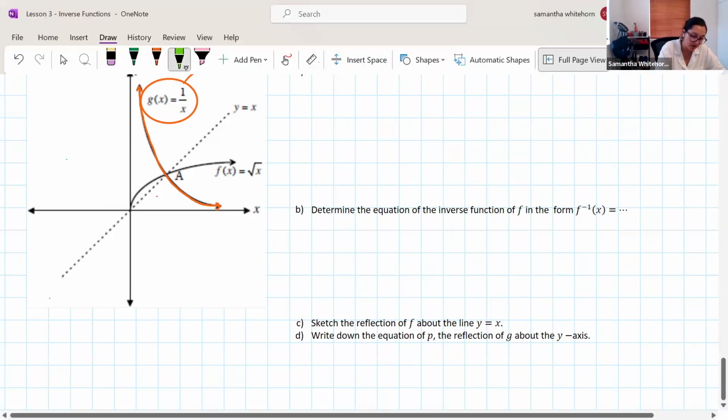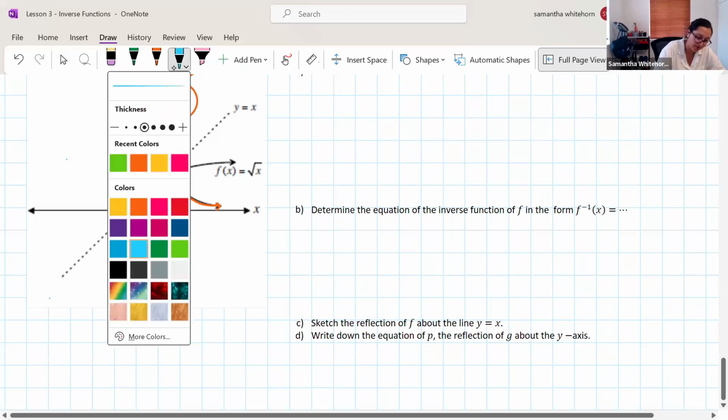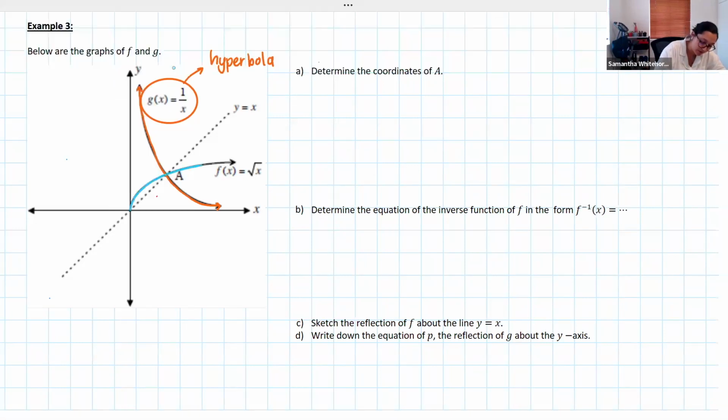I've also been given a graph of f, which is this blue one over here, and we've been told that f of x is equal to the square root of x. Now, we've just done a whole bunch of examples where we dealt with square roots. So what we need to remember is that this is a square root function, and so its inverse is a parabola.